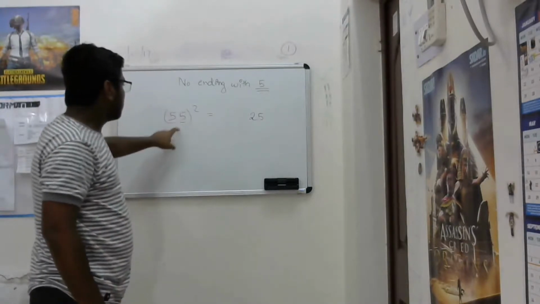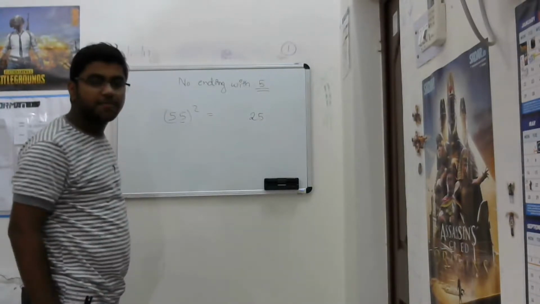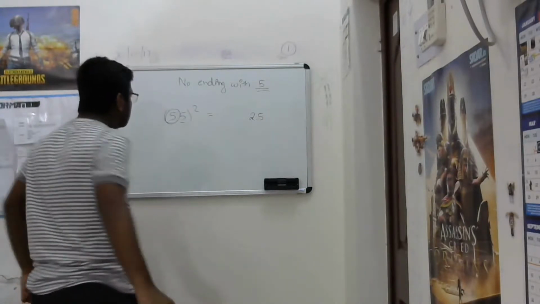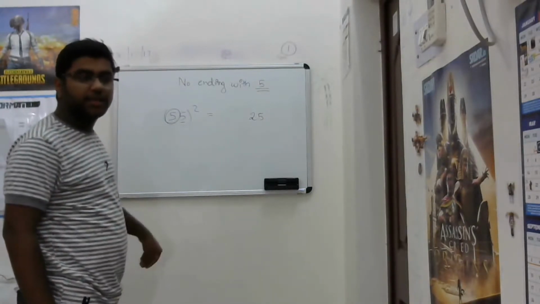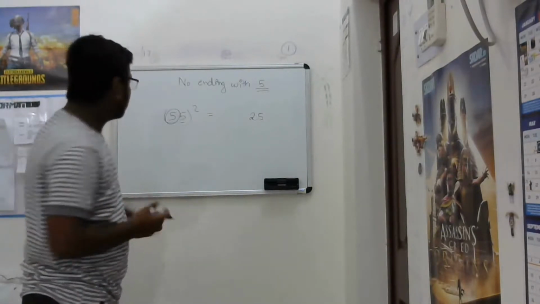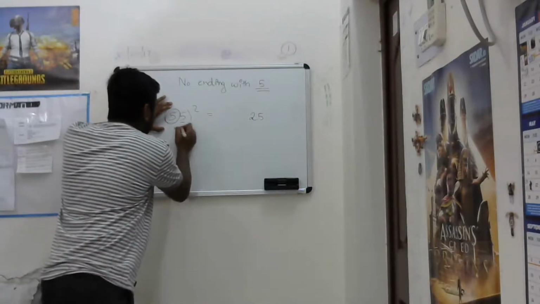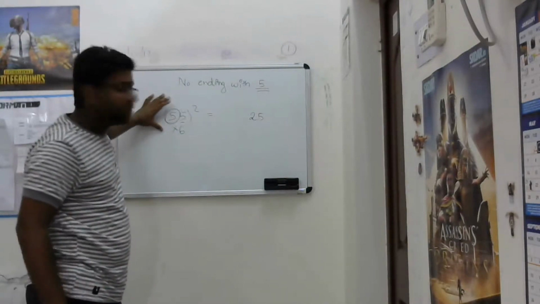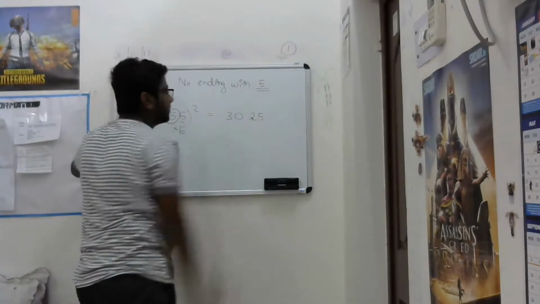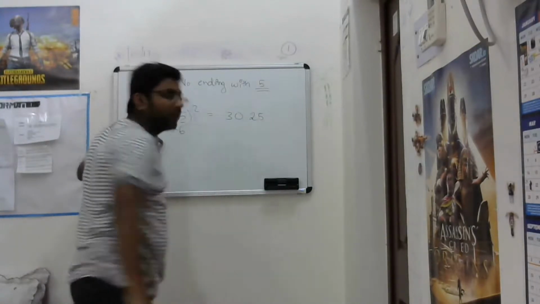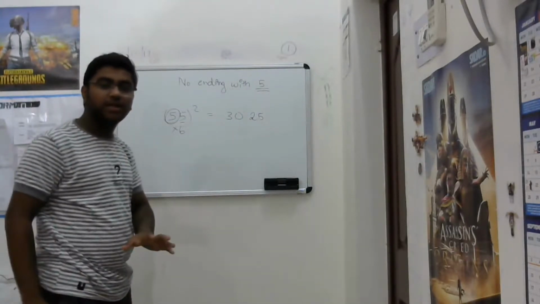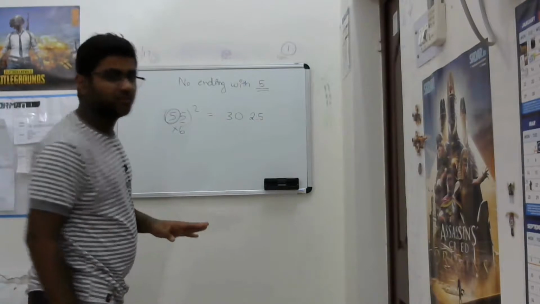Then ignore the ones digit. See the rest of the digits. So this is 5. Now multiply it by its successive number, that is the number that comes after that digit. I have 5 here, so I multiply it with 6. 6 fives are 30, and I write that 30 here. It becomes 3025. You can check it. 55 squared is 3025.